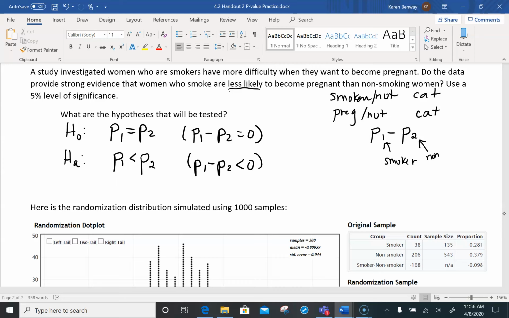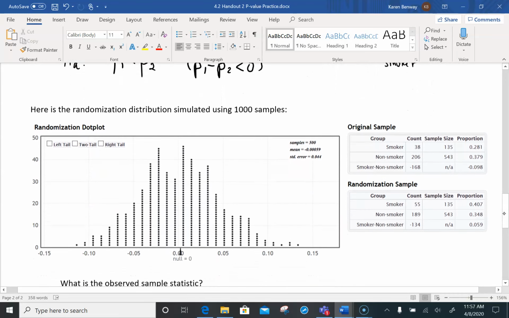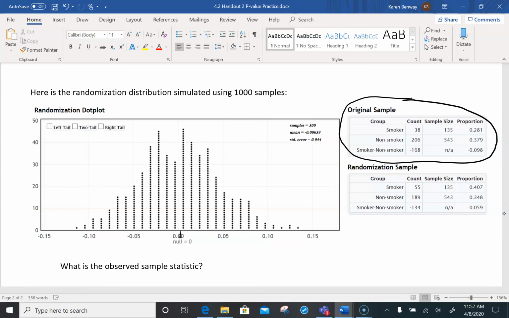All right, so we've got our randomization distribution that was simulated for us. We're going to use the original sample to figure out our sample statistic. We need to have P1 hat minus P2 hat, because we're estimating the difference in population proportions with a difference in sample proportions.